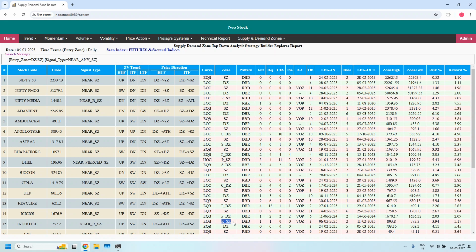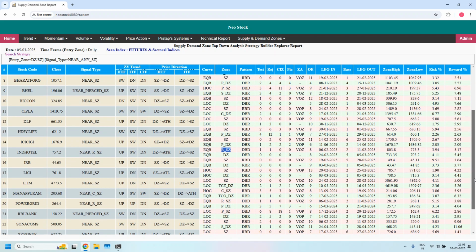So here we have high liquidity zone, Indian hotels. Indian hotels is having a daily high liquidity supply zone. So let me scroll the list down.